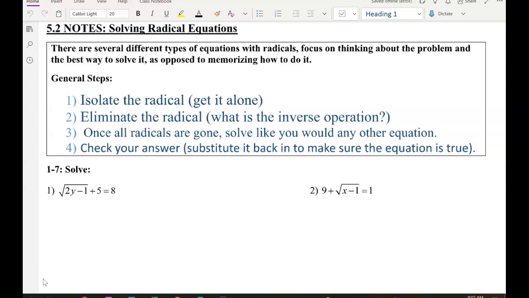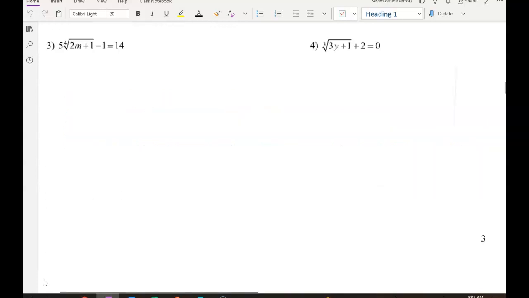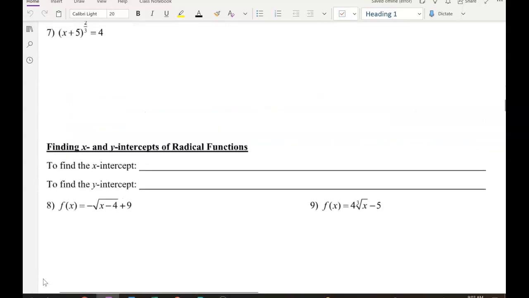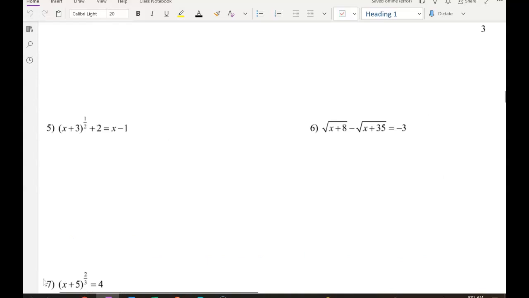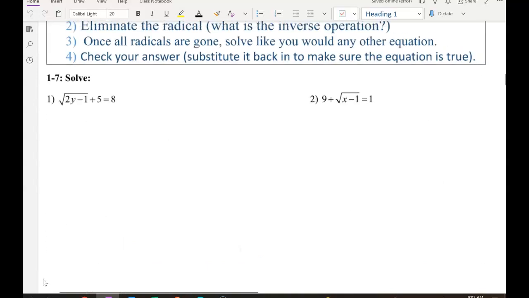Perfect. Okay. All right, I want you to look at your notes for me, please, and tell me how many examples, Carter, do we have today? 11. Good job, buddy. All right, let's start with number 1.